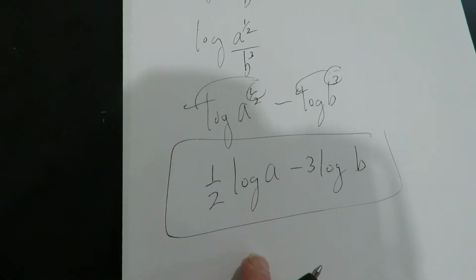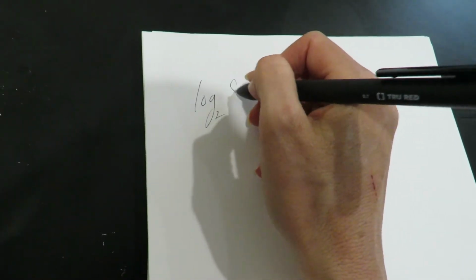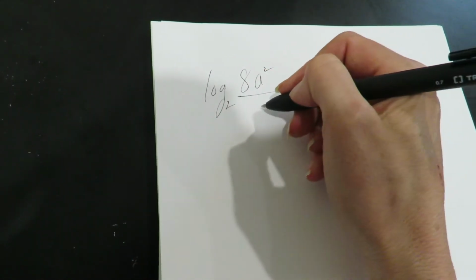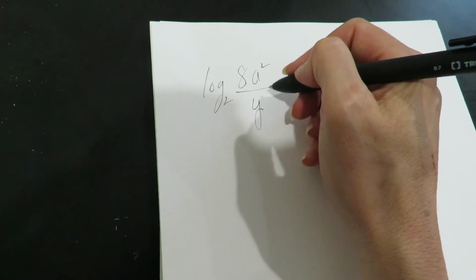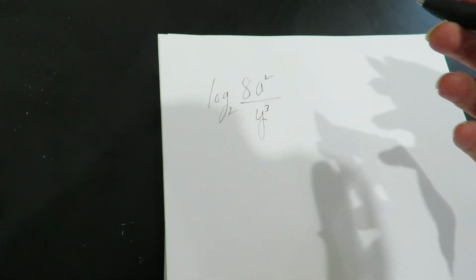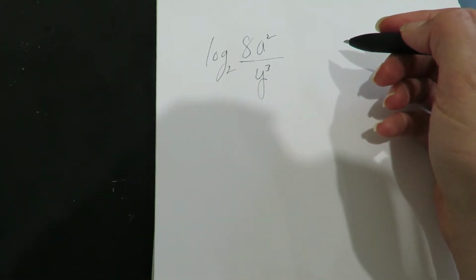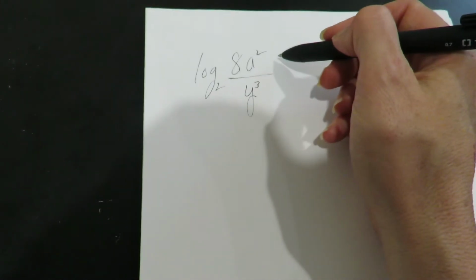Okay? Now let me just make one that's a little bit fancier. Actually, maybe let me just make something maybe you saw in pre-calc. Okay, so this is sort of similar to what you've done before. Just has a couple more things involved.